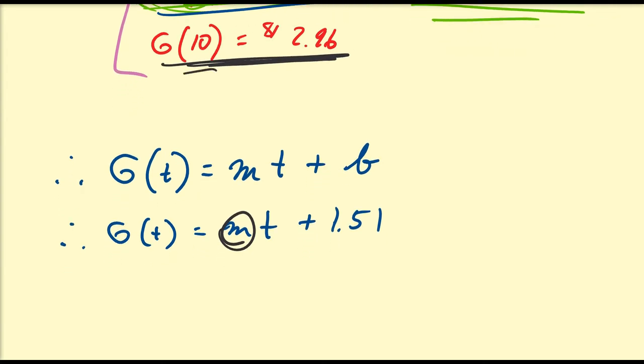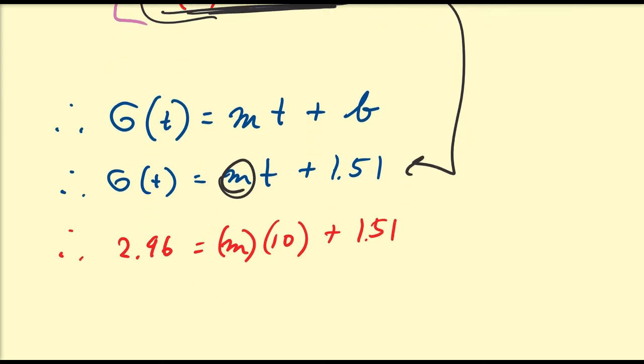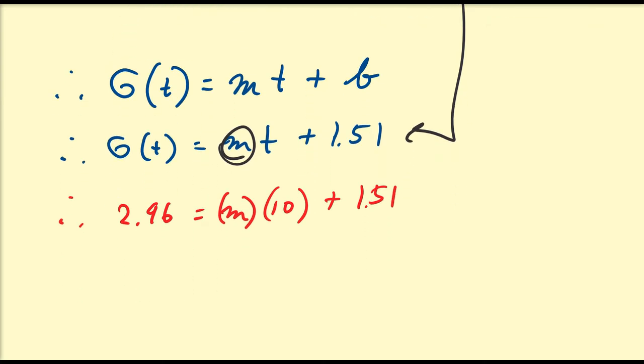So we're going to plug this point into this model to solve for m. g is equal to 2.96 when t is equal to 10. So let's solve this linear equation for m. m is going to be equal to 2.96 minus 1.51, all divided by 10.